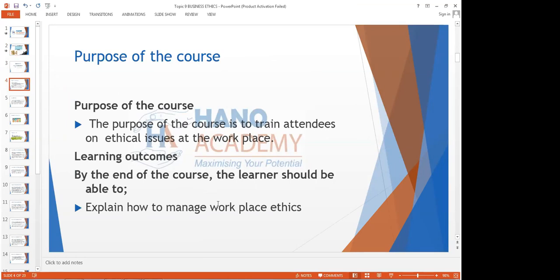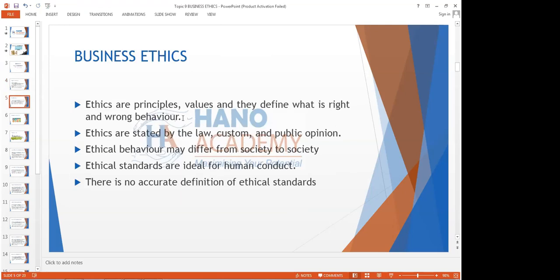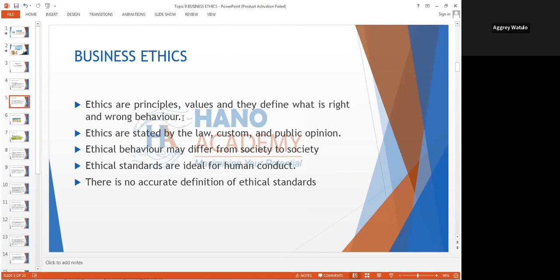So that's the purpose of the training. So let's talk about business ethics and demonstrate how this concept is perceived by individuals.